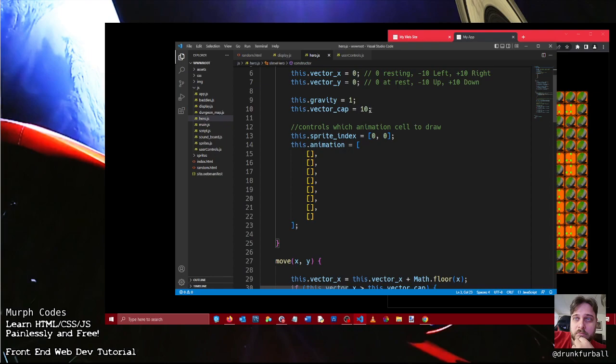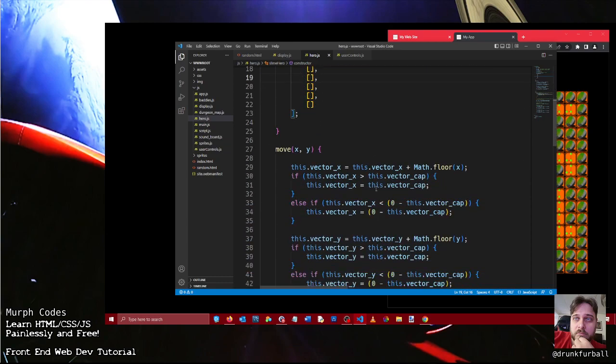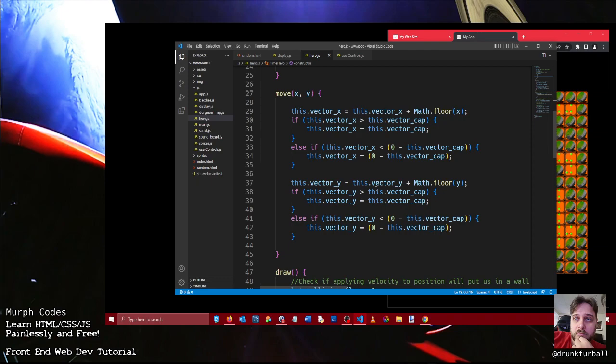This is kind of a governor on him. We could disable this entirely, or crank it up to 1,000,000 if we wanted to, and he would fly. Don't worry about this part yet. We haven't gotten to this part yet. We will. Hopefully today. Hopefully that's what we're doing today.